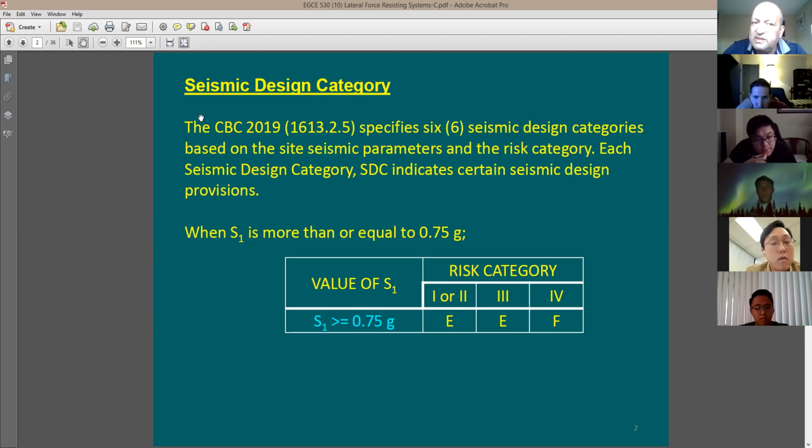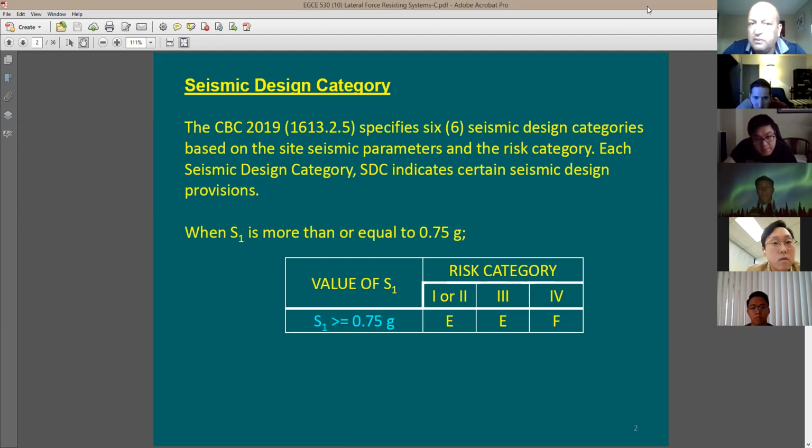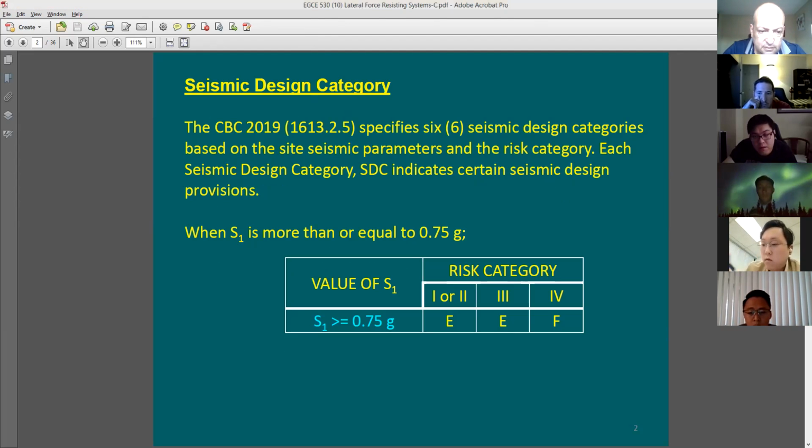Now you'd like to figure out the seismic design category. And for the importance of this, I'm going to take you back. If you go to the previous slide set, do you guys see slide set 9 or 10 now? Still showing 10.